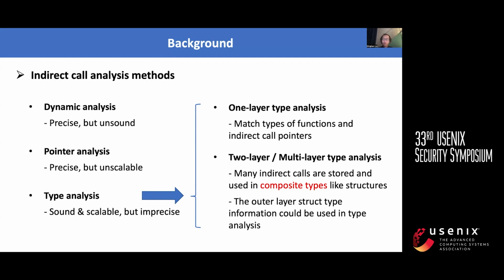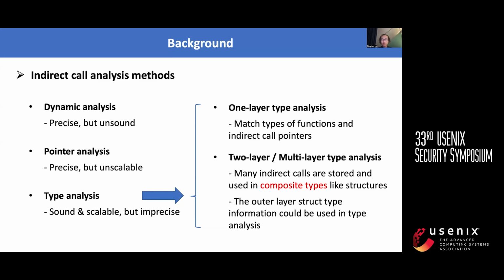As a result, the most widely used solution relies on type analysis, which matches types of functions and indirect call pointers. It is also called one-layer type analysis. It is common in CFI because it is sound and scalable.